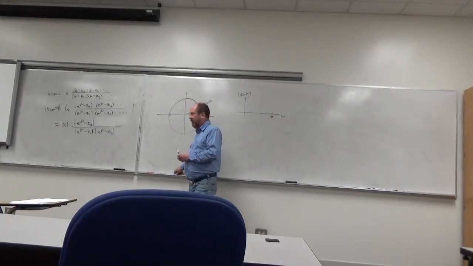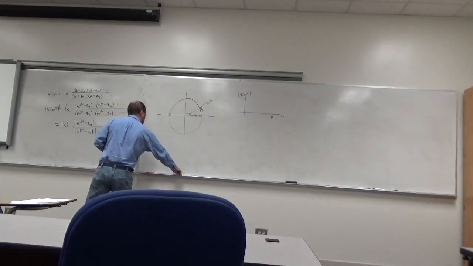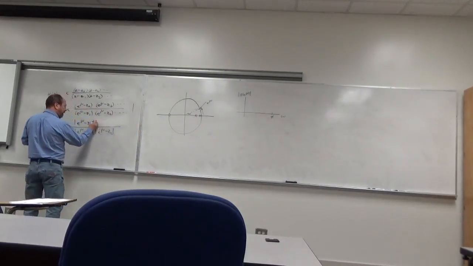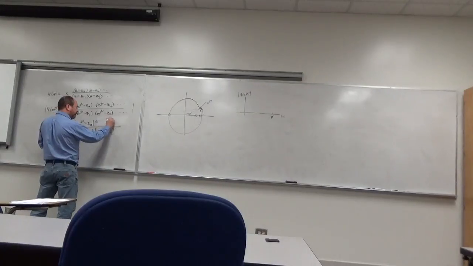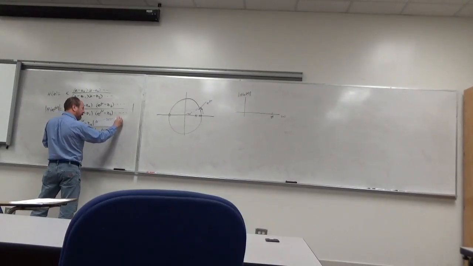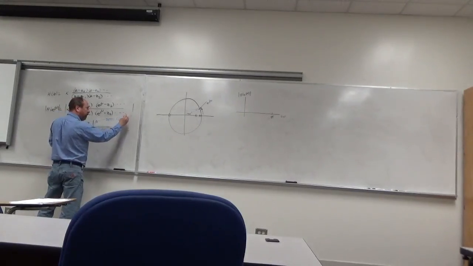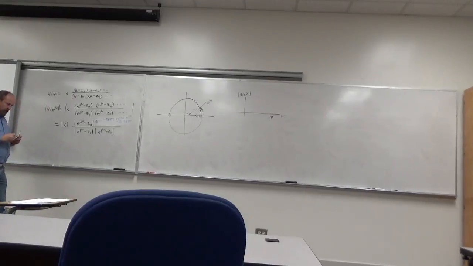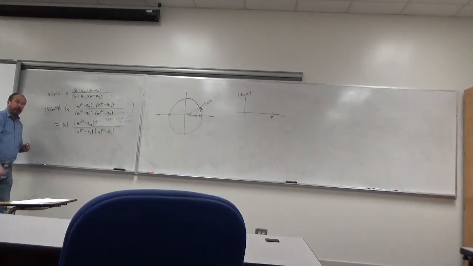So this expression, since I drew it in blue, will be the distance from e to the j omega, a point on the unit circle, to the 0. Would you agree with that? Subtract the 2 and take the magnitude.